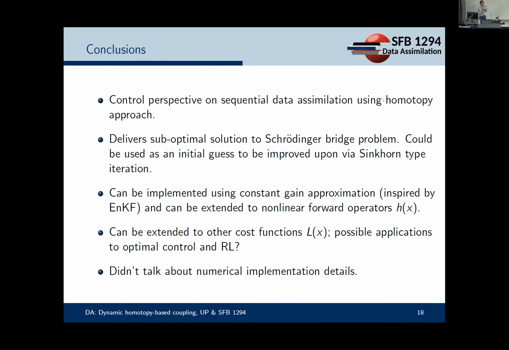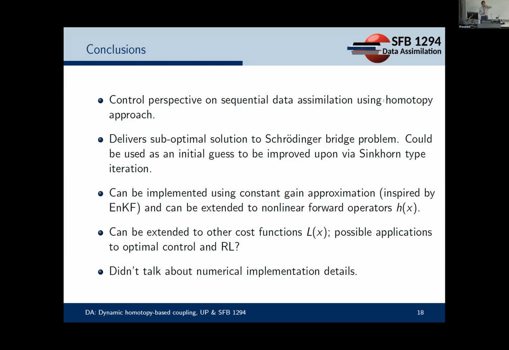So basically what I've been talking about is looking at this from a control perspective and starting from generalizing this well-known homotopy ansatz to when there's an interesting underlying dynamics and not just 0. It solves the Schrödinger problem in a way, but in a suboptimal way.